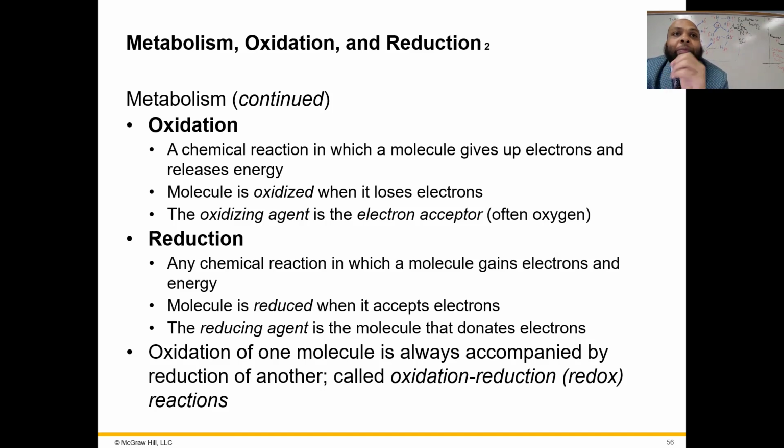It is reduced. There's another law now. If you are oxidized, you become the reducing agent. If you are reduced, you become the oxidizing agent. You cannot be 2 in 1. You cannot be oxidized and the oxidizing agent. Reduced and the reducing agent is the opposite. So if you want to tell which one is the oxidizing agent, you've got to do your Leo says GER.